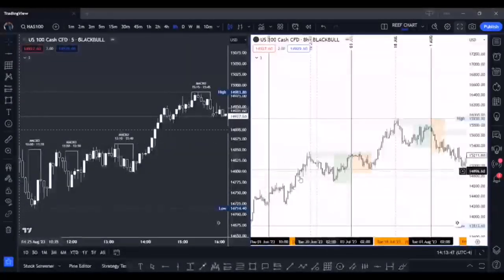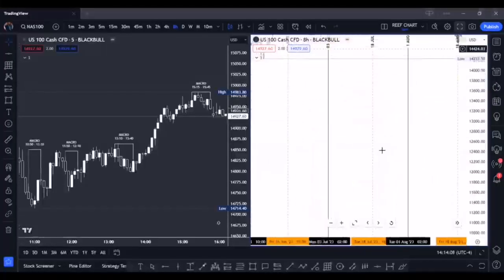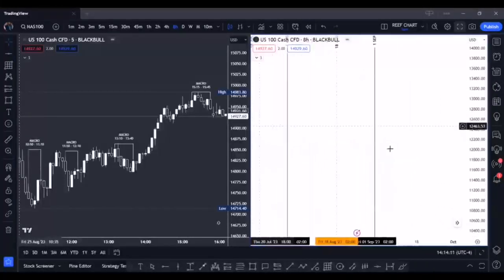Okay, so there will be an imbalance in the market because the market is offering an expansion to the upside, but it's not offering a balanced perspective in expansion to the downside. And so the market wants to seek out two things. It wants to seek out liquidity, but number two, it also wants to trade into what we call inefficiencies. Okay, that's the general concept.